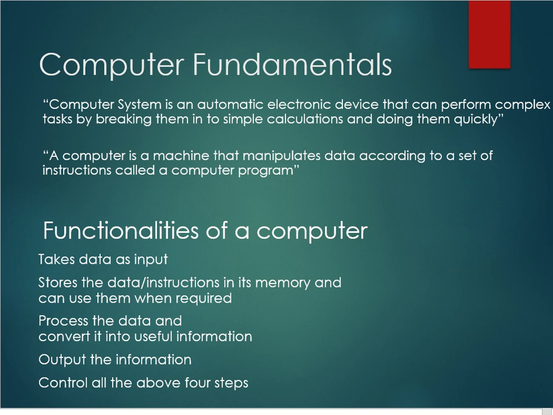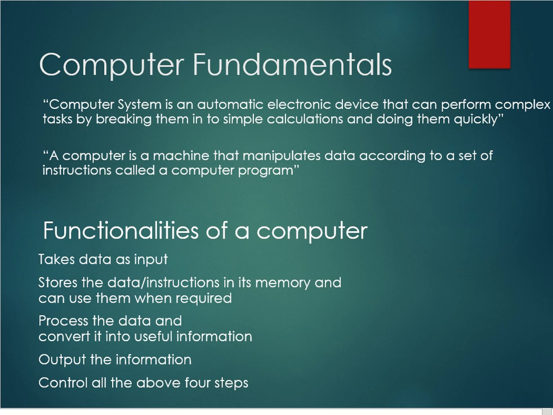That is kind of a definition of a computer, and we can define the computer in various ways. And the base is it can perform complex tasks by breaking them into simple calculations, and also it is faster. That's the expectation of building a computer.